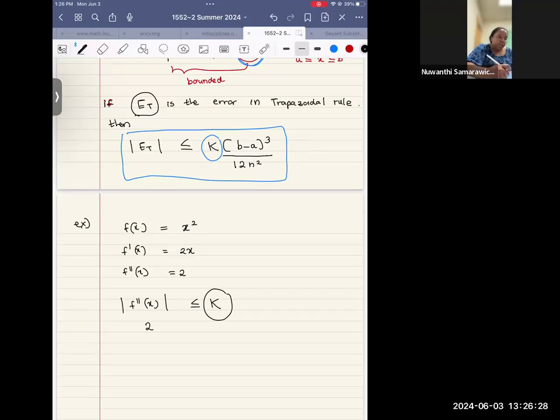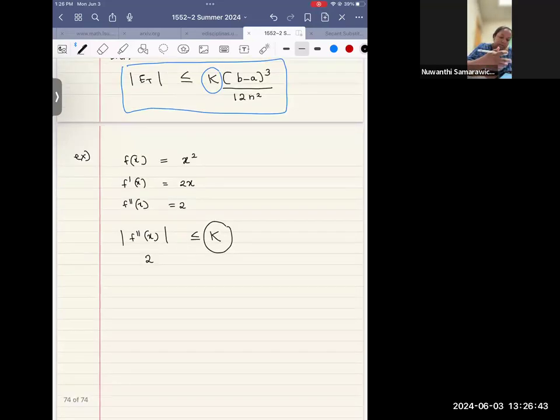But if you take a lower value, very close to the bound, then you will get more accurate numbers. So let's first see.